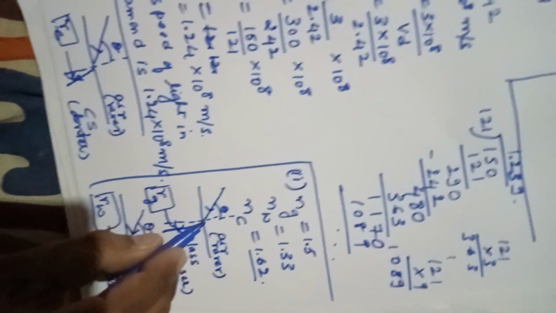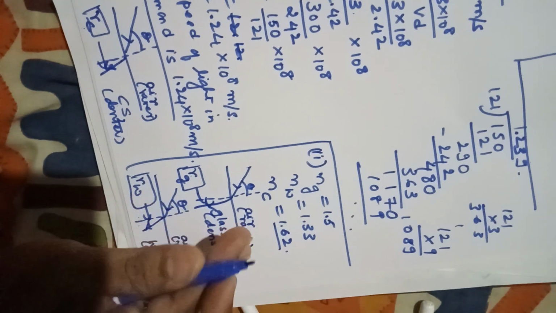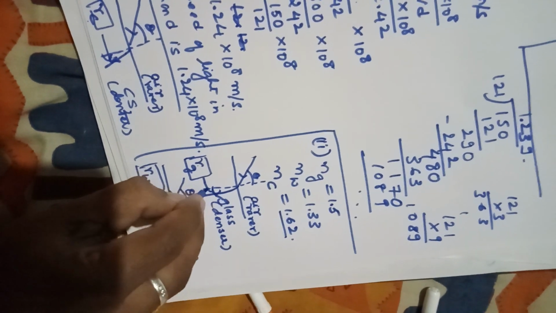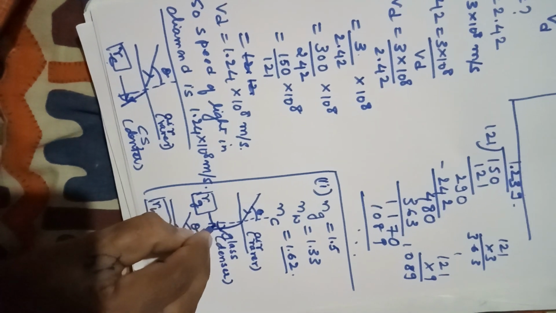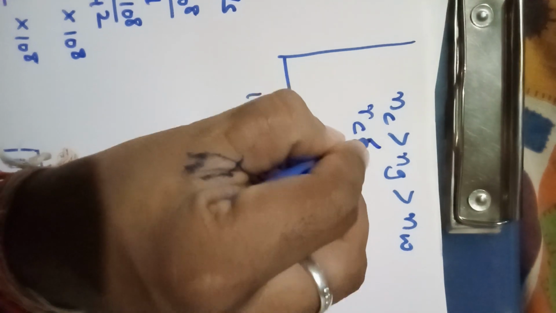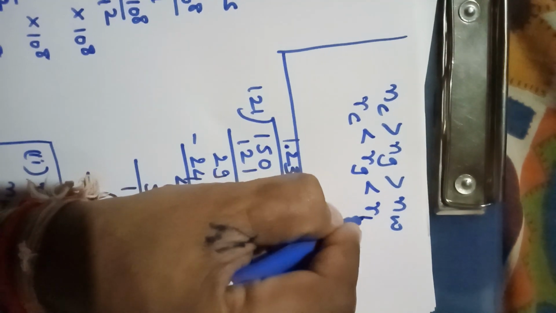So as I mentioned, greater the refractive index, the more the light will bend towards the normal, the closer the refracted ray will be towards the normal, and consequently the angle of refraction will be smaller. So I have to write like this: Rc is less than Rg is less than Rw.